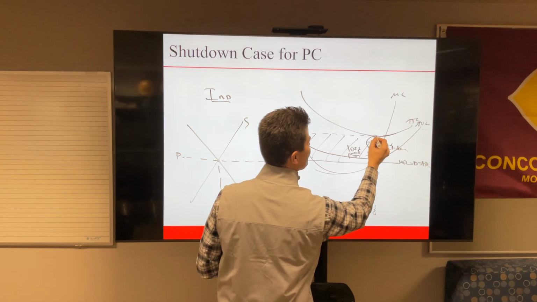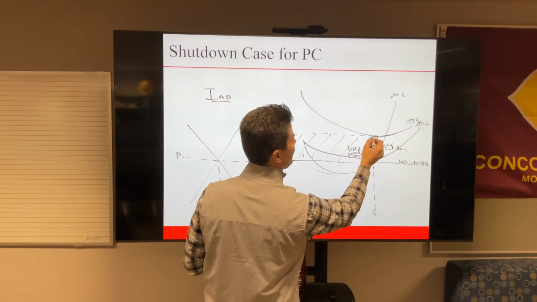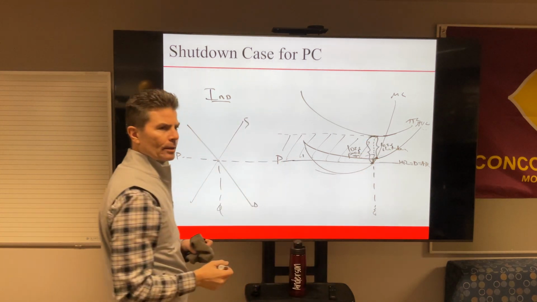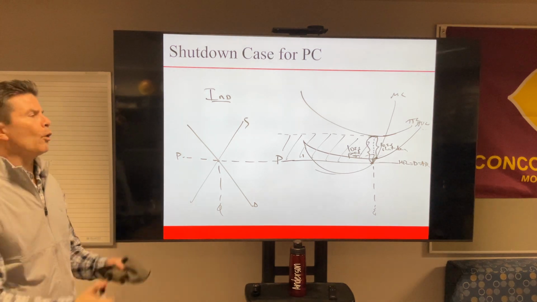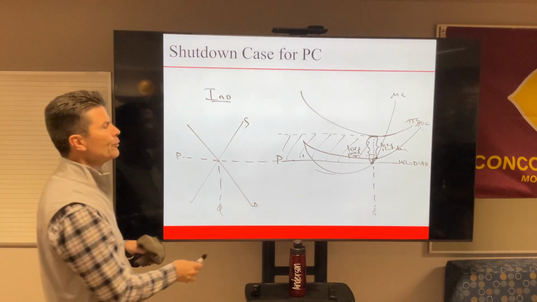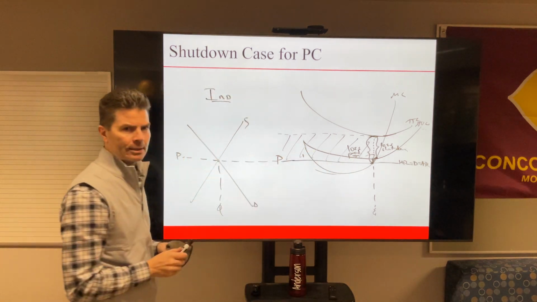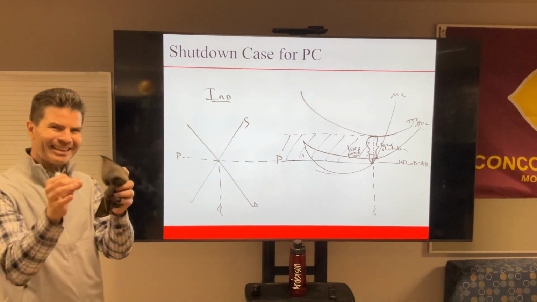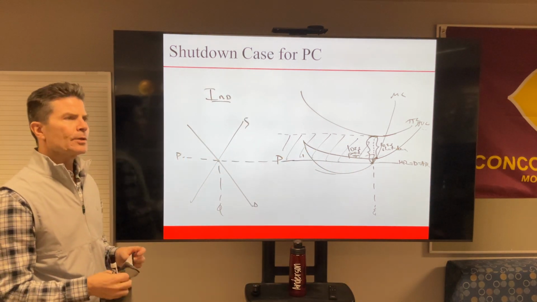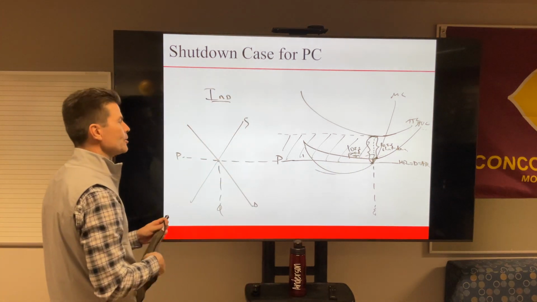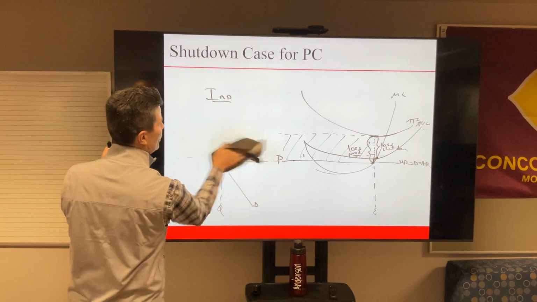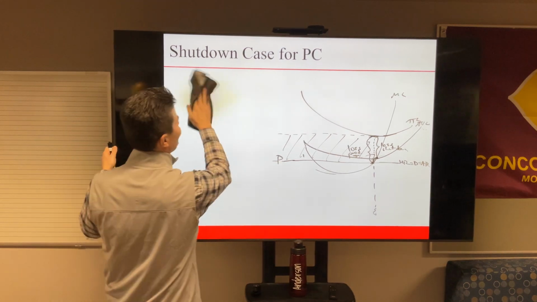Look at how this space from here to here is smaller than that space. So that's the shutdown case for perfect competition if you are below this point, right? That is the key thing that I want you to nail: the relationship between price and ABC tells you if you should produce or if you should shut down.